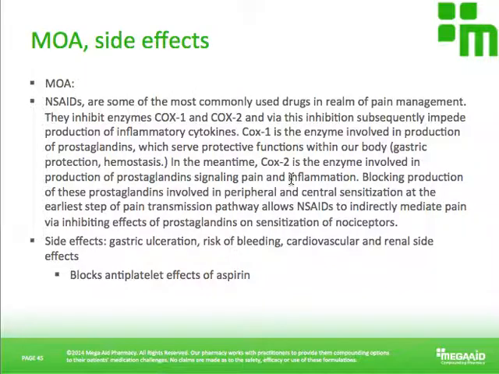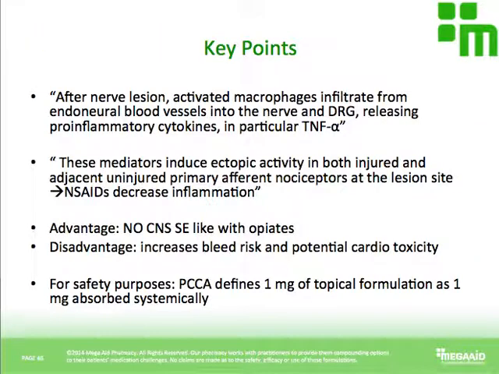So what we're doing here is preventing the production of inflammatory cytokines or prostaglandins that are going to act on the nerve endings and allow them to originate this electrical potential. So we're basically blocking the origination of pain signal in the very earliest stages. So again, some of the key points: NSAIDs are going to decrease inflammation and pain, bottom line.